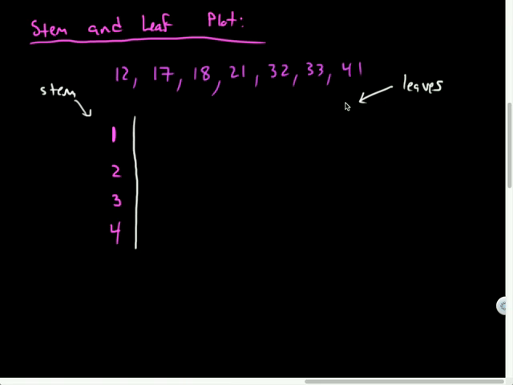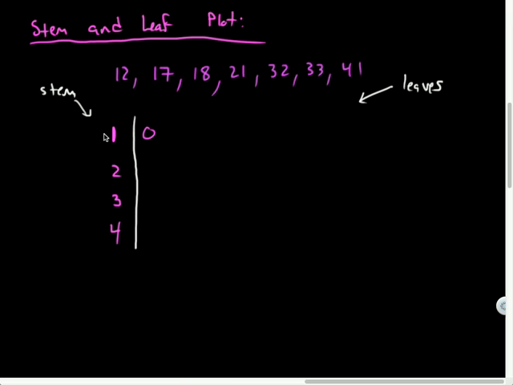Stem and leaf, right? And just because I see a 1 here doesn't necessarily mean that 1 and a 0 represents 10. This doesn't necessarily have to represent the tens place, or 20s and 30s and 40s. This could represent the hundreds place, or hundredths place for that matter.